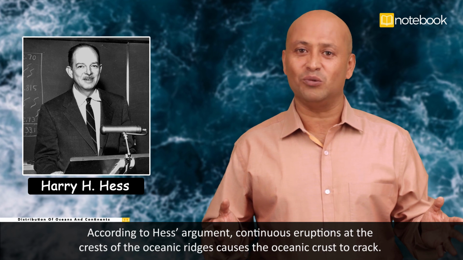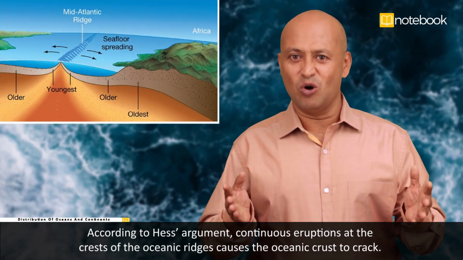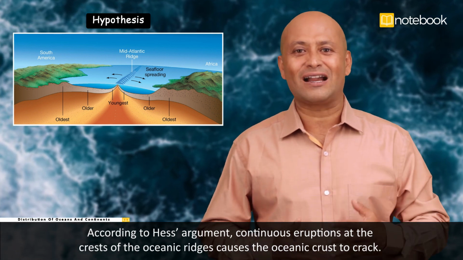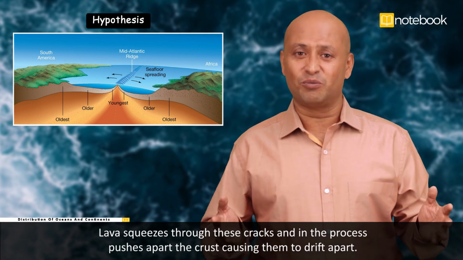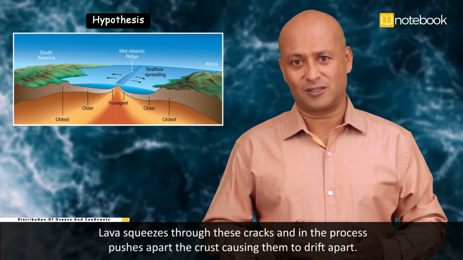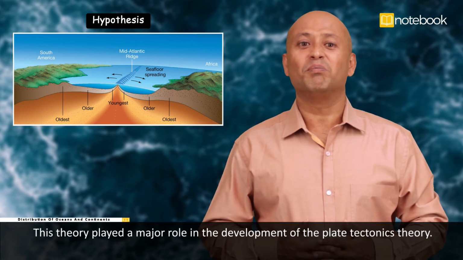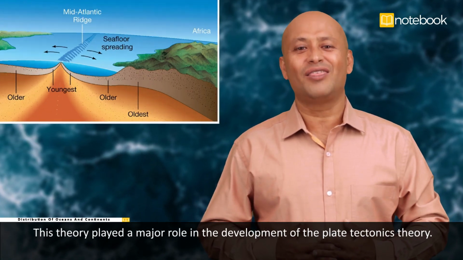According to Hess's argument, continuous eruptions at the crests of the oceanic ridges cause the oceanic crust to crack. Lava squeezes through these cracks and in the process pushes apart the crust, causing them to drift apart. This theory played a major role in the development of the plate tectonics theory.